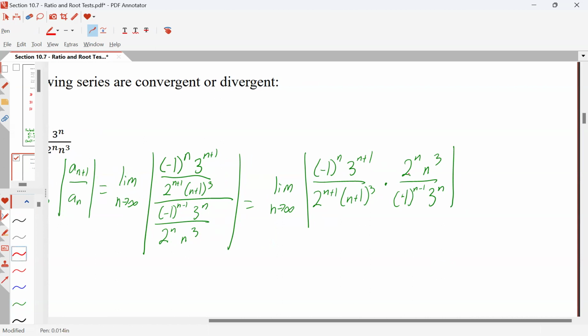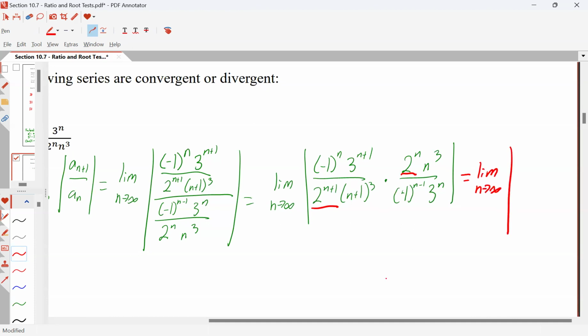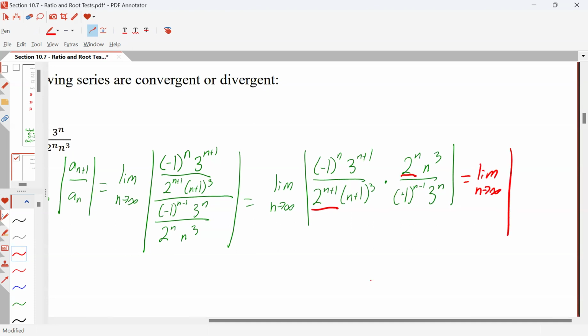So first, we have a 2 to the n and a 2 to the n plus 1. That will cancel down to just be a 2 in the denominator where the larger number of the 2's is.